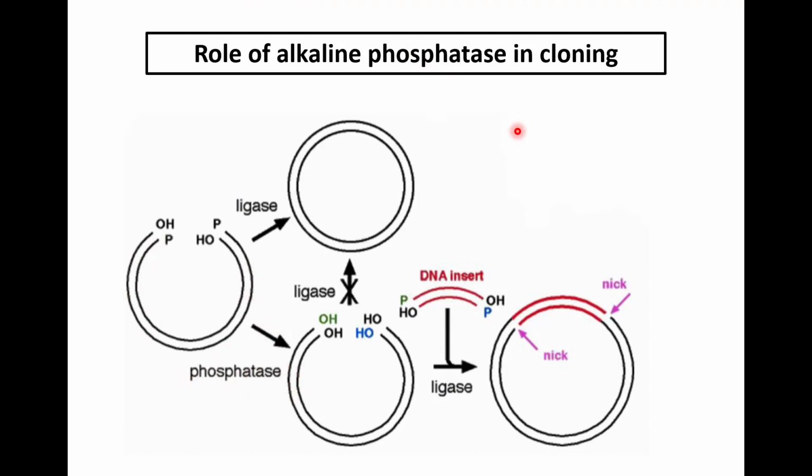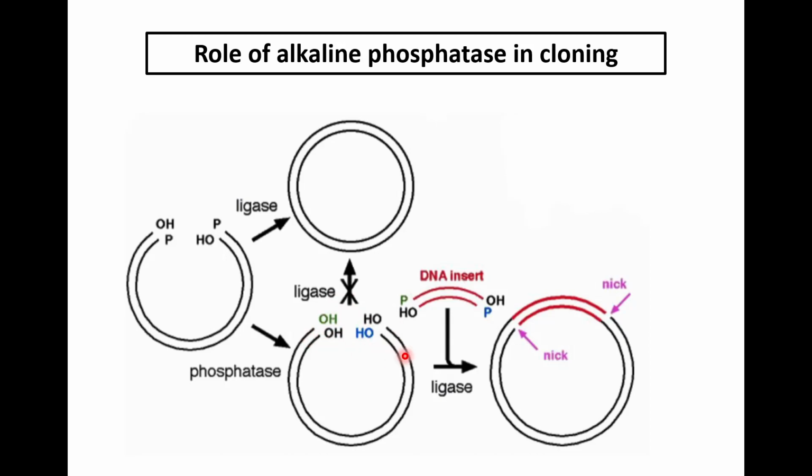So what is a phosphatase? Phosphatase means to remove a phosphate group. Okay, so phosphatase means to remove phosphate, or if it is a kinase, then it will add a phosphate group. Here we are treating with alkaline phosphatase. It will remove the phosphate group from the 5' end and make it OH.